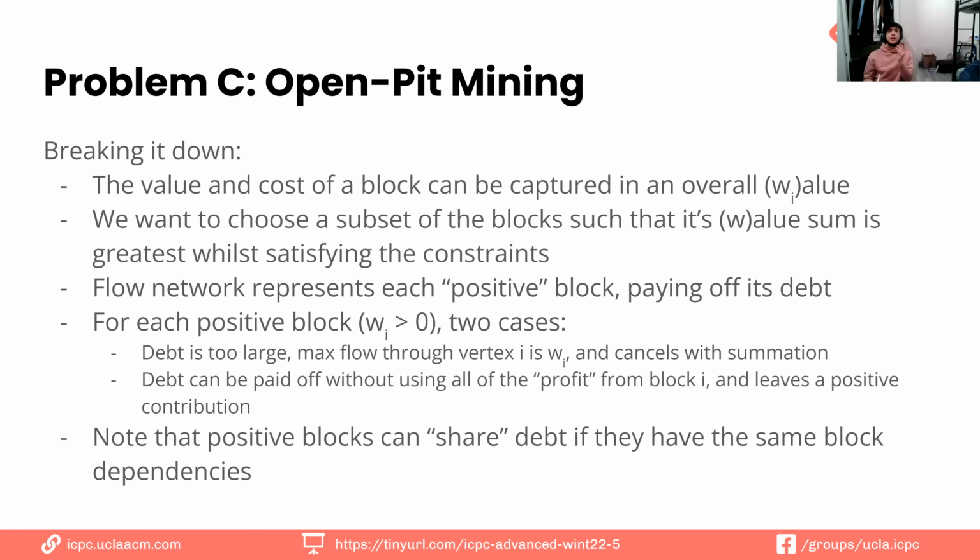Okay, so I feel like, can we try to say that this is a weighted minimum vertex cover of a bipartite graph, where the bipartite graph is like dependencies from positive blocks to negative blocks?